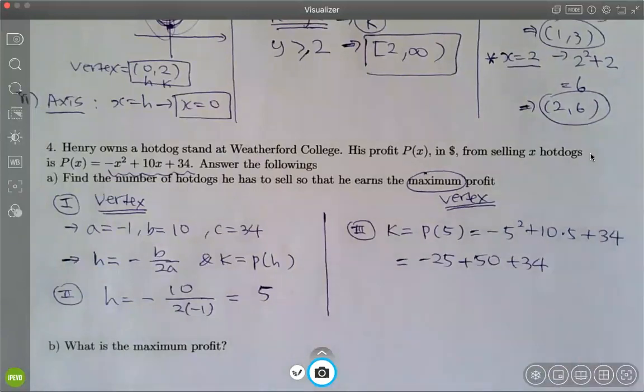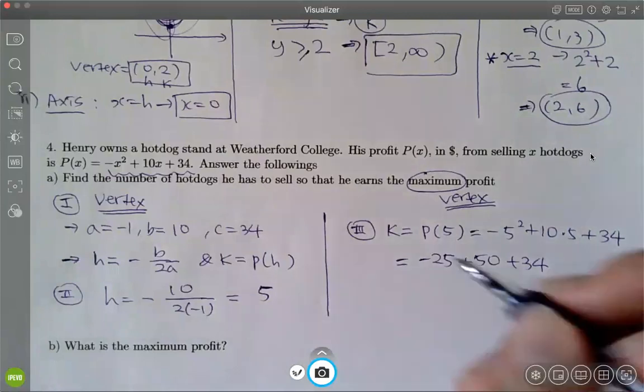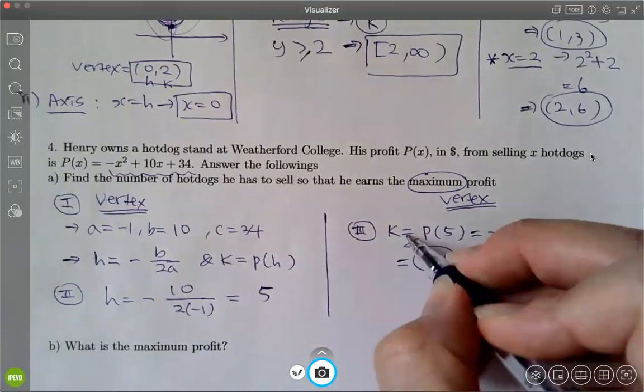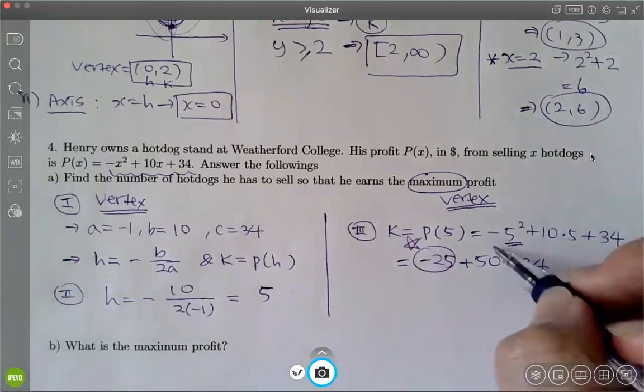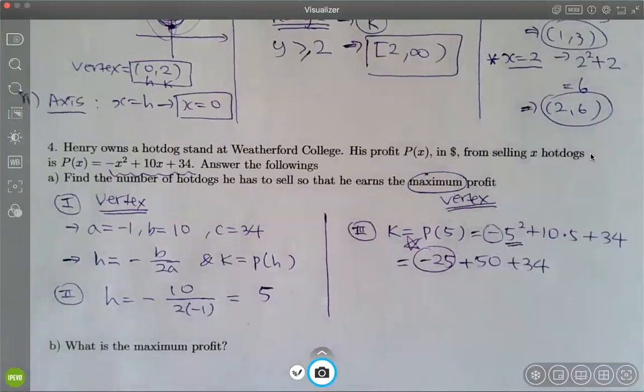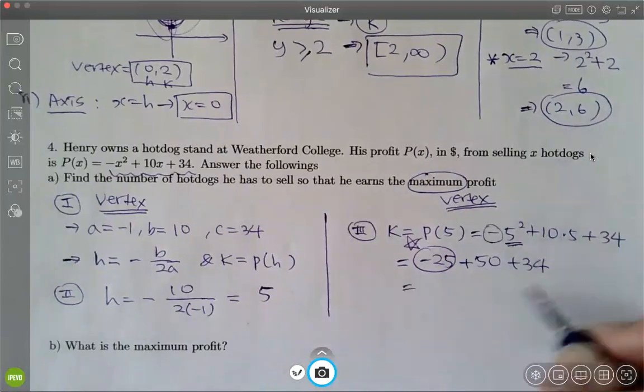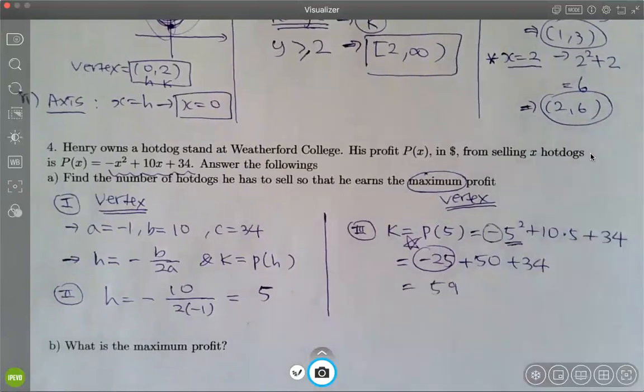The -25, right? Be careful, it's not positive because this is 5 squared and then times the negative sign, not negative 5 times itself. So what is this? -25 plus 50 plus 34, so that's 59, right? So the vertex is at (5, 59).